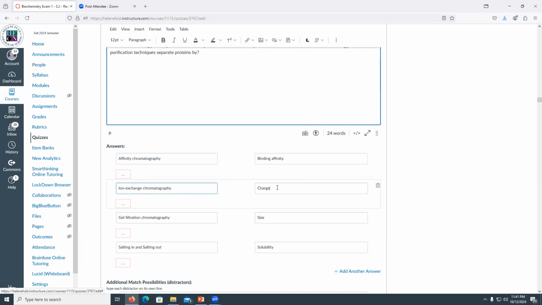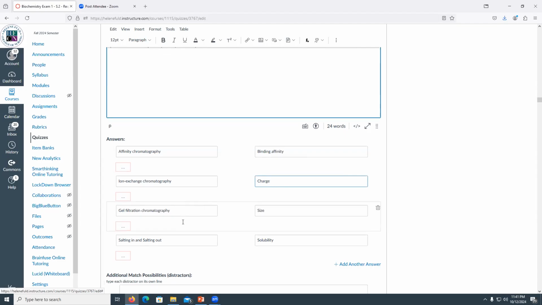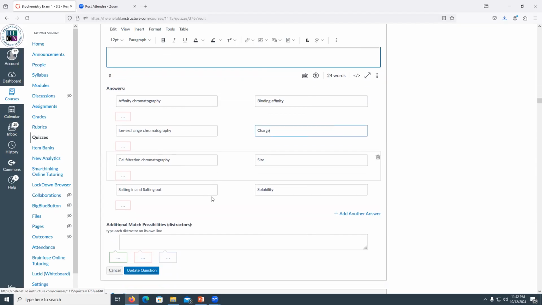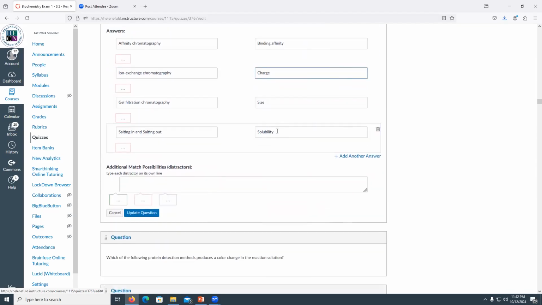Ion exchange is based on the charge. If you are positively charged, you will attract negatively charged proteins of interest, and all the other proteins are going to go out. Gel filtration is based on size. The small protein will zigzag through the beads, while the large proteins will come out quickly by going through between the beads.